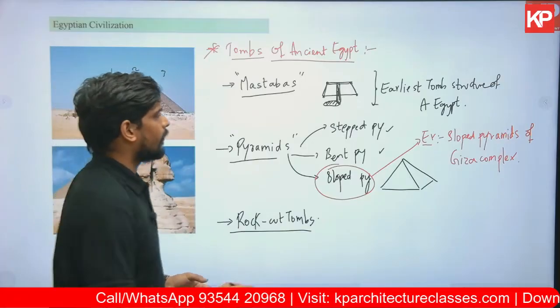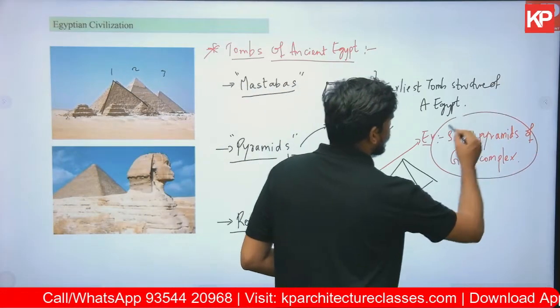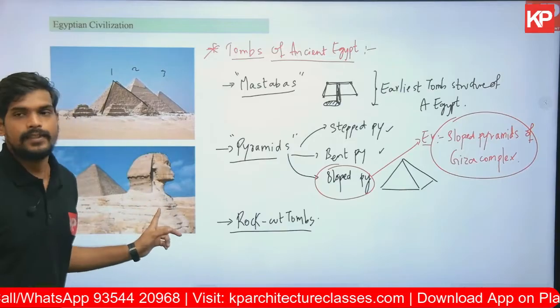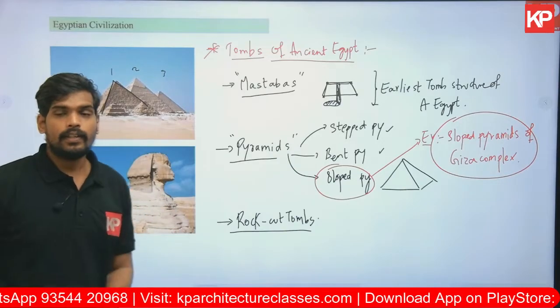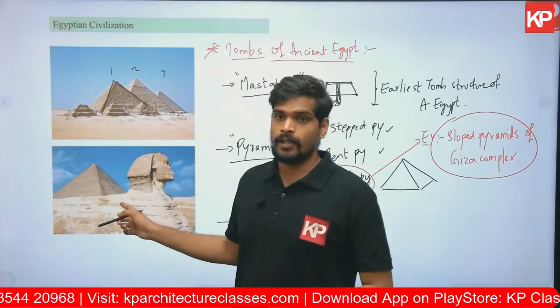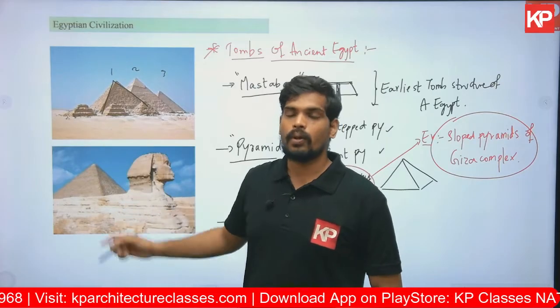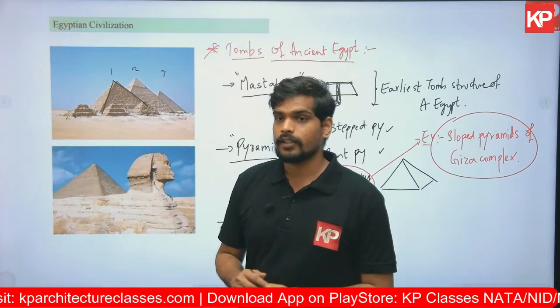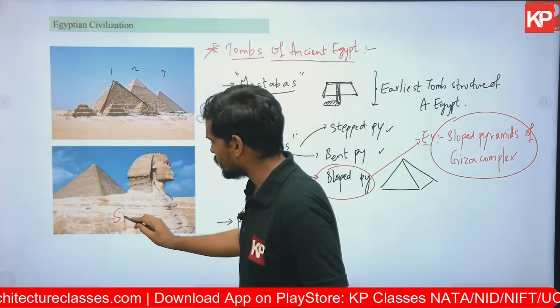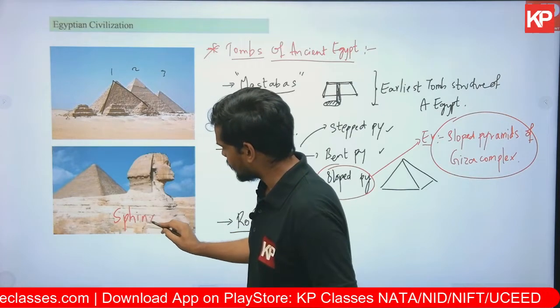One other interesting feature of the Great Pyramid of Giza is this mythical monster. You find a large lion figure with a human face, and the name for this particular structure is Sphinx. S-P-H-I-N-X, Sphinx.